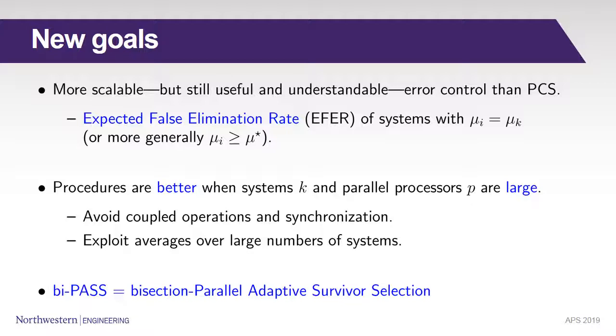To do this, we want to avoid coupled operations and synchronization, like the procedure I just showed you, and we want to exploit averages over large numbers of systems. Not averages over large numbers of observations from each system, but averages over large numbers of systems. This will come together in an algorithm that we call BiPASS, which is bisection, parallel, adaptive survivor selection.